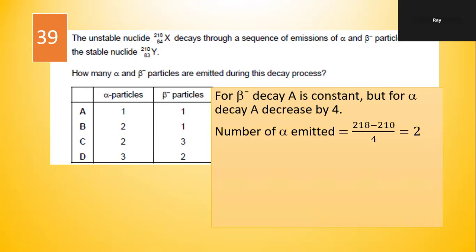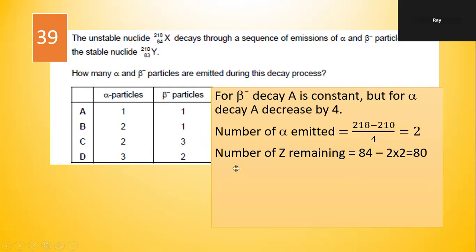Go with the number of alpha decays first, because A is constant for beta decay. For alpha decay, A decreases by 4. So go with A first. Right? The nucleon number, there are 2 alpha. If it's 2 alpha, 84 will go to 80, but this is 83.